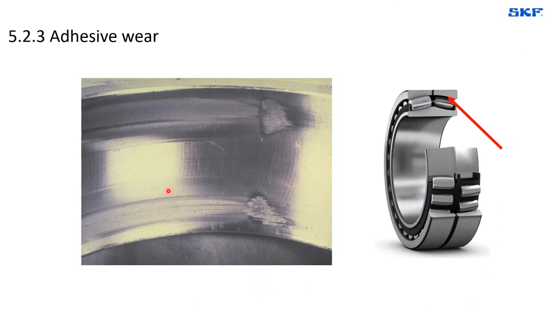This one is what we call adhesive wear, and basically what is happening here on this outer ring, again of a spherical roller bearing, we see this as the entry of the roller into the load area.